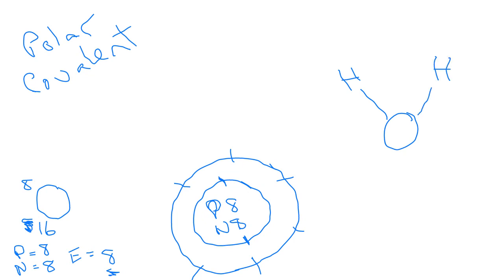This one has 1 electron additional here, 1 electron additional here, and this one has 2 electrons, right? But because oxygen is bringing more to this relationship than hydrogen, it's bringing 2 electrons, while hydrogen is only bringing 1.